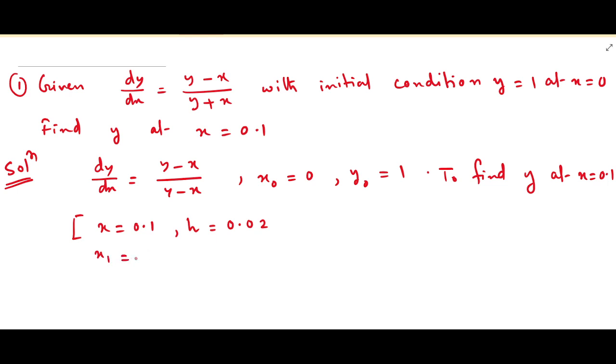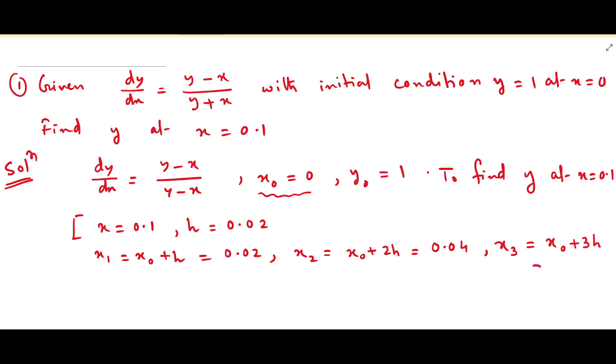What is x1? x1 is x naught plus h. X naught is 0, so 0 plus h is 0.02. Then x2 is x naught plus twice h, so we get 0.04. Then x3 is x naught plus thrice h, which is 0.06. Then x4 is x naught plus 4h, which is 0.08.